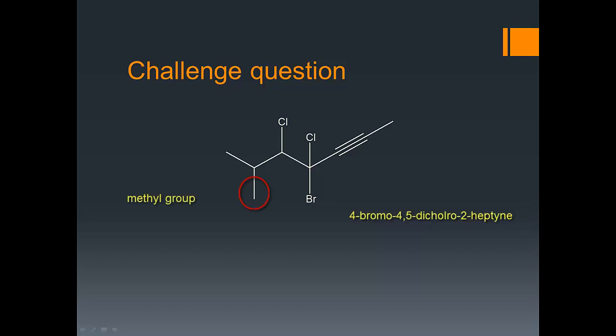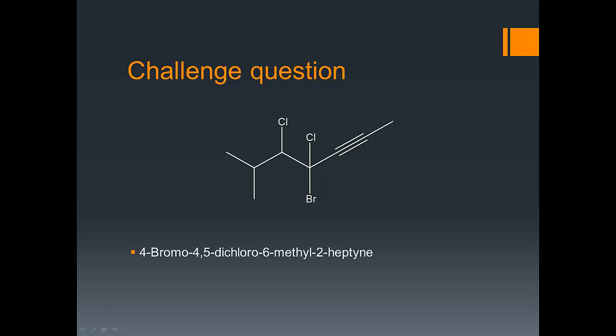So M for methyl comes last alphabetically, because we've got C, we've got B, and we've got M for methyl. So in this case, it's going to be 4-bromo, 4,5-dichloro, 6-methyl, 2-heptyne. Alright, 4-bromo, 4,5-dichloro, 6-methyl, 2-heptyne.